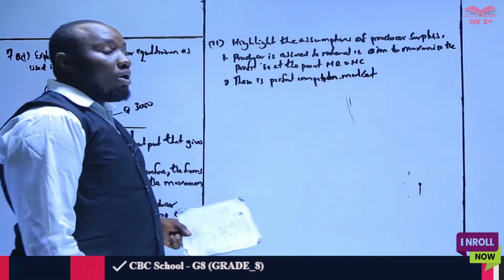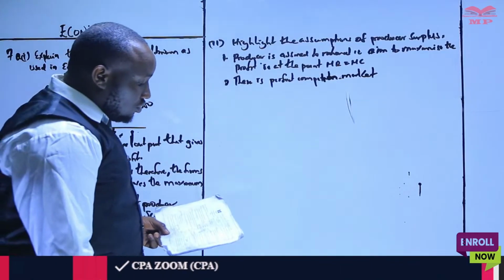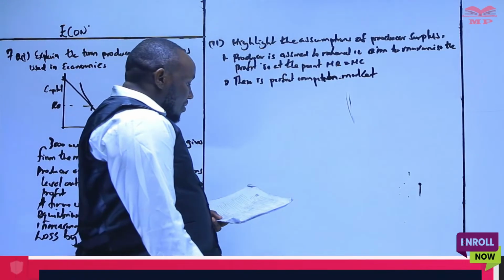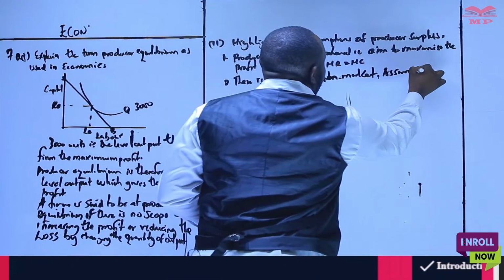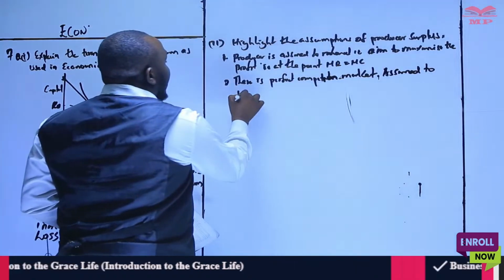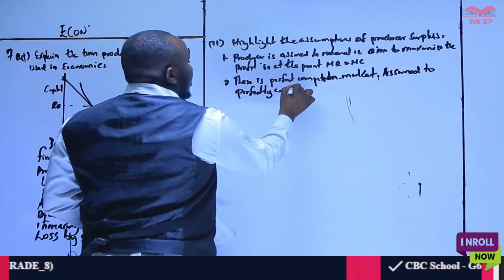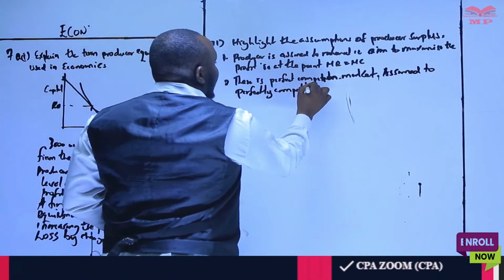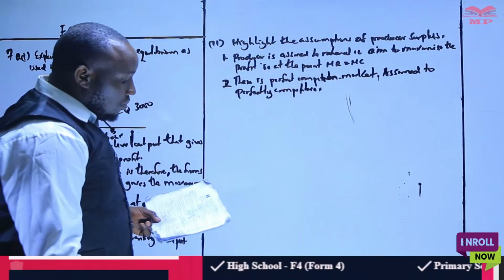We know how a perfect competition basically works, and we say that the producer is assumed to be perfectly competitive.